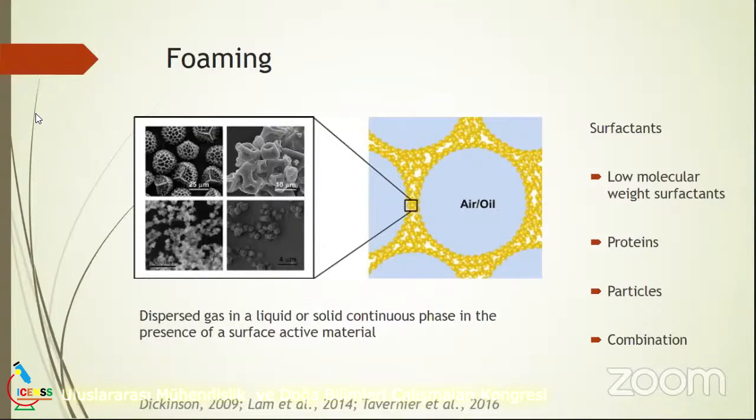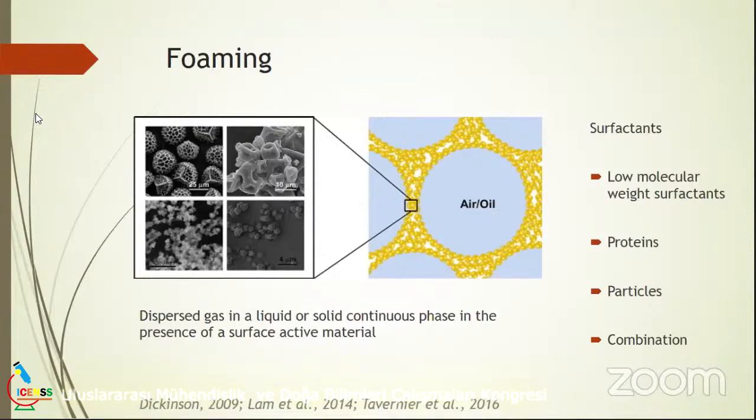Most commonly known surfactants are the low molecular weight ones, which are polar lipids, phospholipids, or free fatty acids. The second ones are the proteins, which can be taken as high molecular weight surfactants.